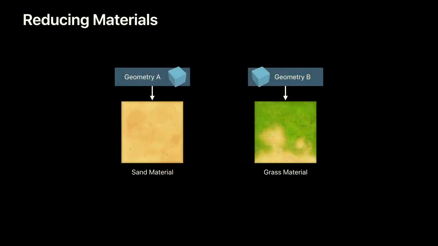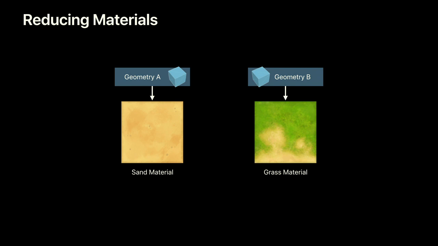Let's talk about reducing materials, because that's what we did to get this down to one draw call. So again, we have our two geometry objects on the screen, one on the left, one on the right. One uses the sand texture, one uses this more sand/grass looking texture.